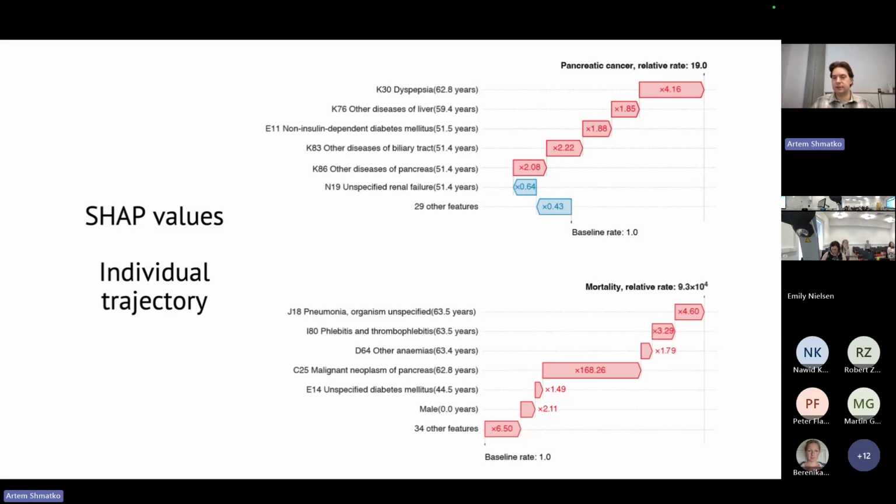For example, I'm just talking completely hypothetically, but here we can see that the pneumonia after the cancer also contributed a lot to the overall mortality rate. But I can imagine that maybe the model just learned that after cancer treatment, people are immunocompromised, and any infection is particularly harmful for them.